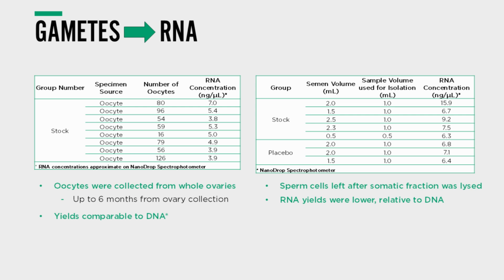So I do believe these were not in storage as long, though, so likely about a month. These all came from our stock colony. So as we would expect, the RNA concentrations from the sperm are much lower than those of the DNA from sperm, but concentrations were slightly higher due to the sheer amount of sperm cells compared to the individual oocyte cell count. So that's just a comparison to be made aware of.